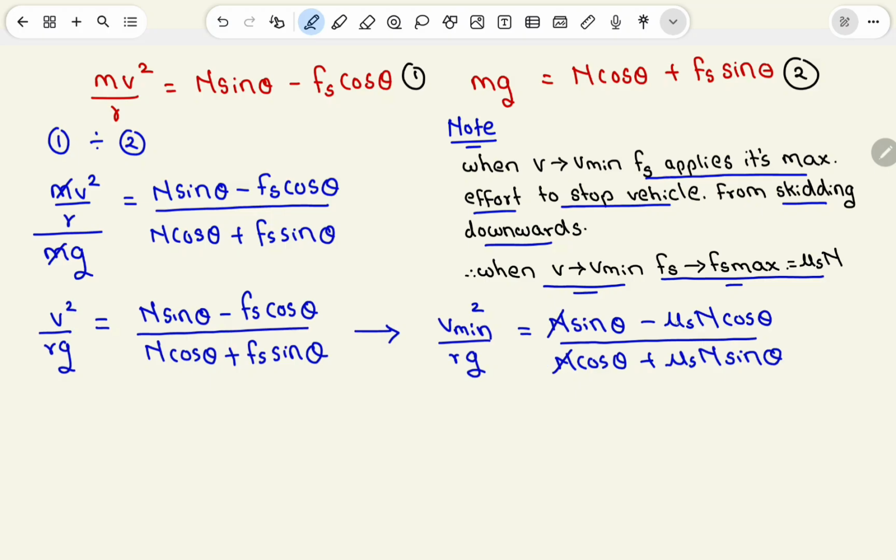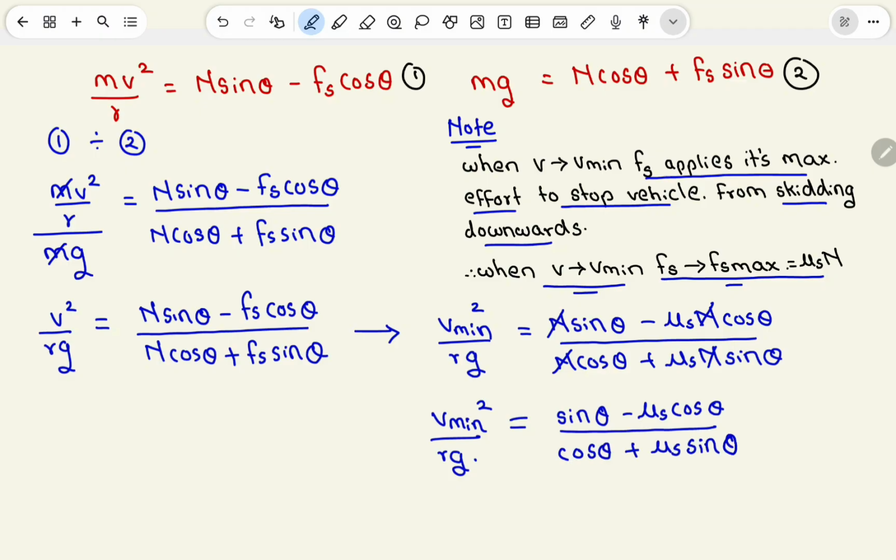We can take N common and cancel it from everywhere. In the equation just above, I have not cancelled the N's singly; I have first taken N common and then cancelled. So V minimum square upon Rg is equal to sine theta minus mu s cos theta upon cos theta plus mu s sine theta.